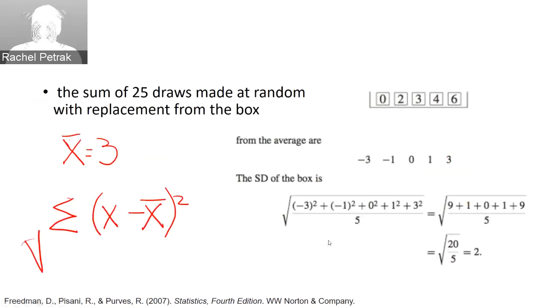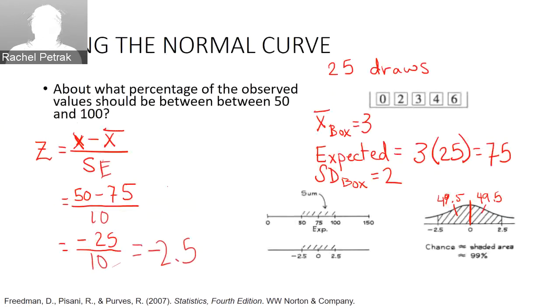So there's a 99% chance that the observed values will be between 50 and 100. Let's step back to the overall diagram here of the range, and note that if 99% of the scores are expected to be within 2.5 standard deviations, that means that while these extreme scores could occur, and they do occur sometimes, we could figure out the exact probability of any of these scores, but we'll hold off on that for another day.